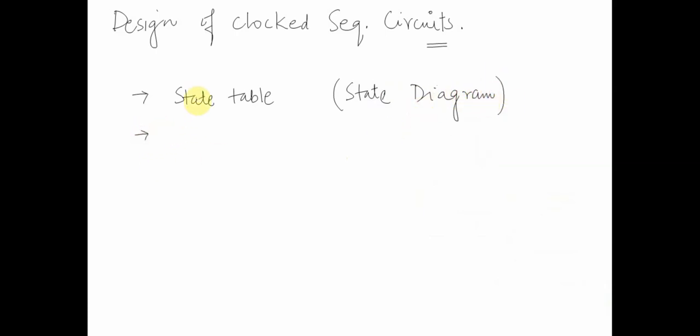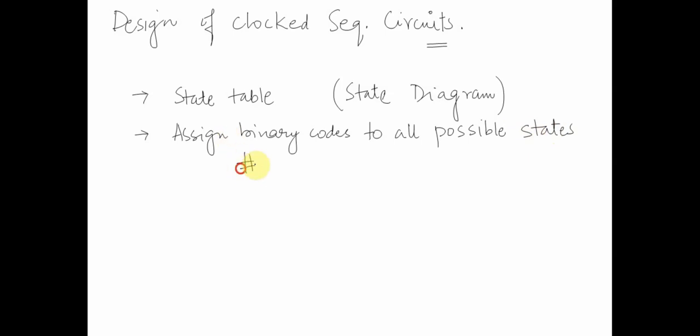What we do after that is we have to assign binary codes, that is 0 and 1, to all possible states. So if we have 4 states, we will have binary codes 00, 01, 10, 11, and based upon that we will need two flip-flops to implement the circuit. The number of flip-flops needed is log to the base 2 of n, where n is the number of states of the system.